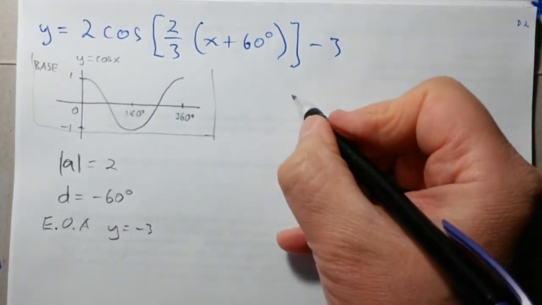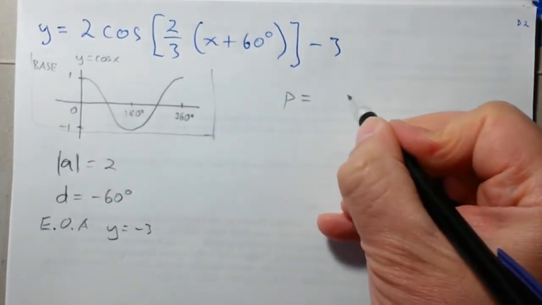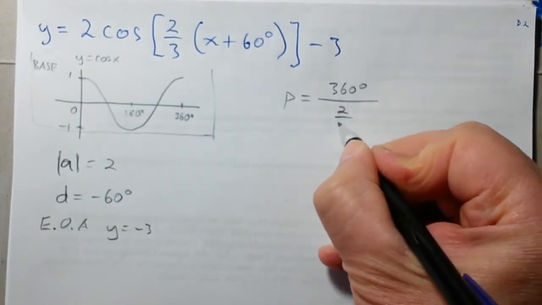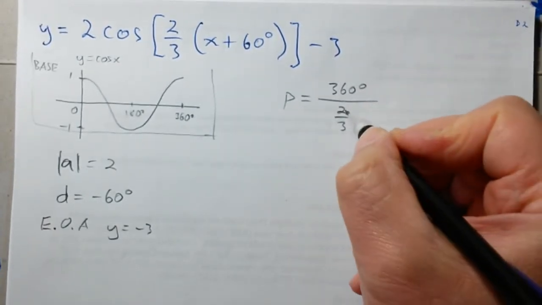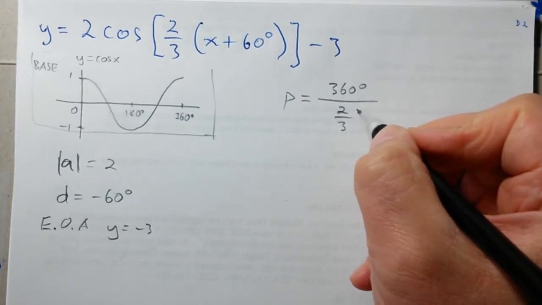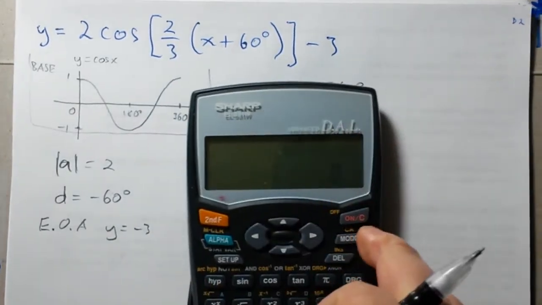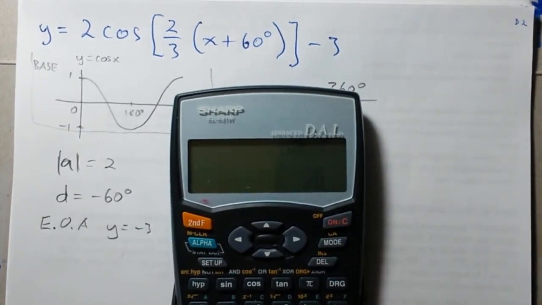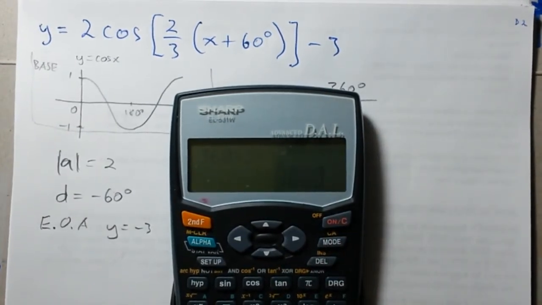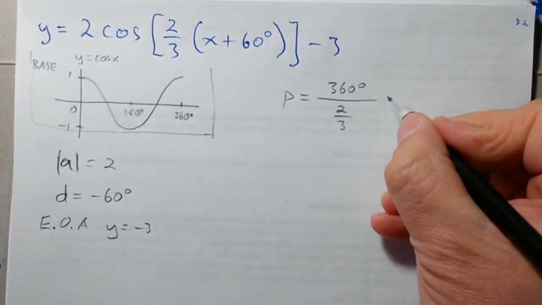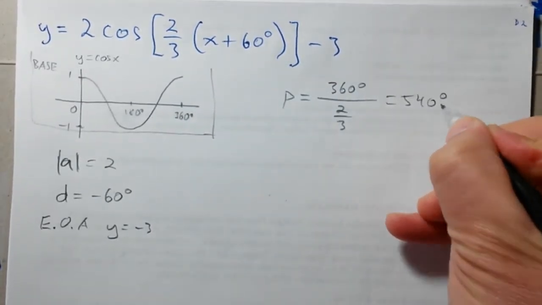Now our period equals 360 degrees divided by 2 over 3, which is 360 degrees times 3 divided by 2, which is 540 degrees.